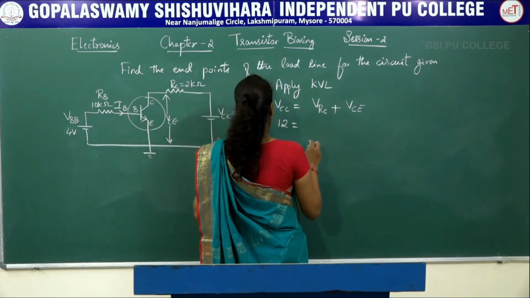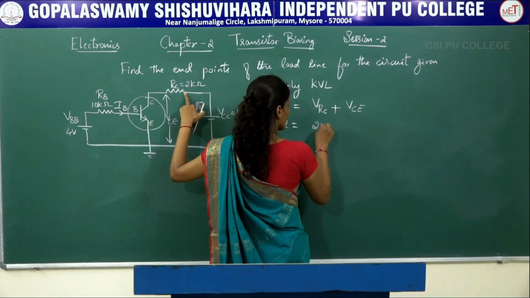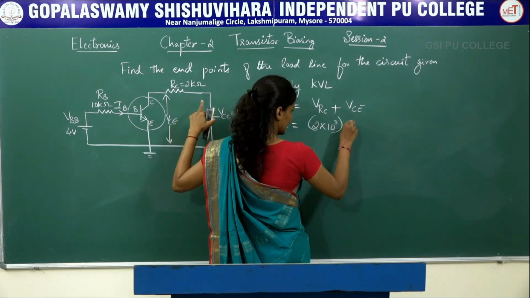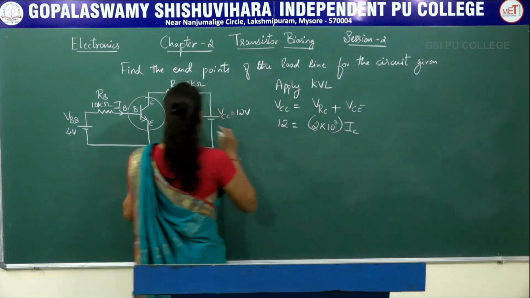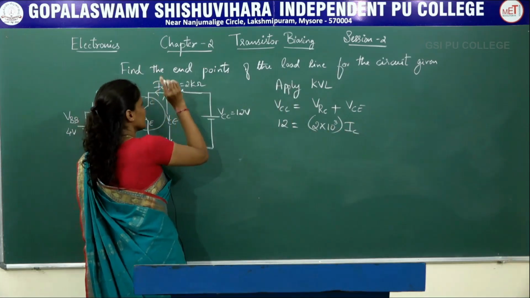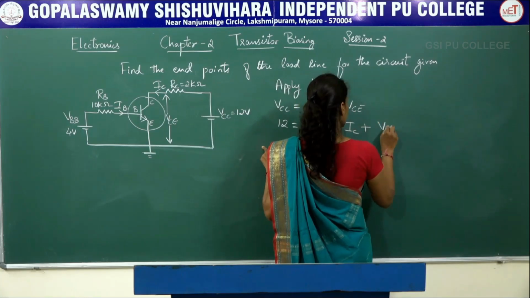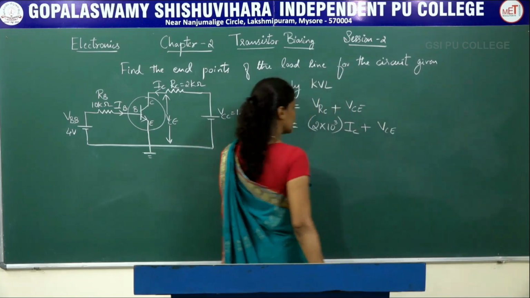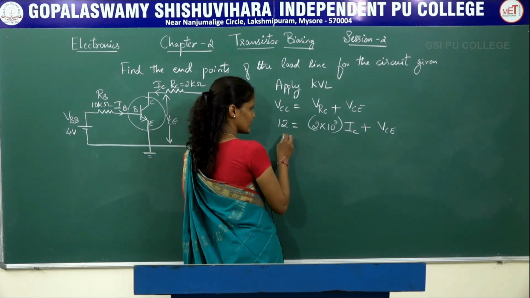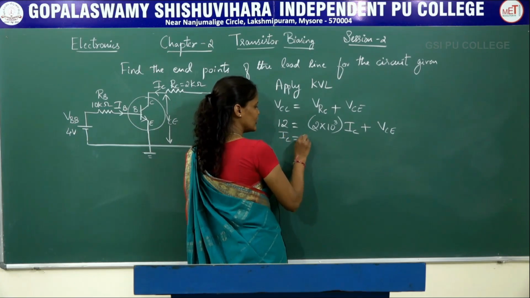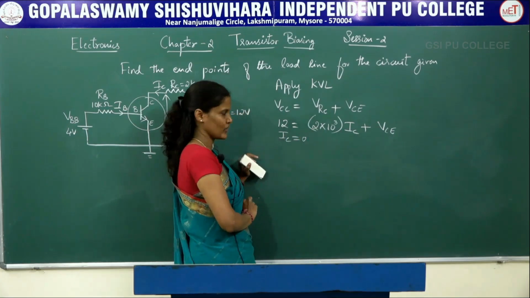So 12 is equal to the resistance 2 into 10 to the power of 3 into the current flowing through that resistor, that is IC, plus VCE. Clear? Now we have to substitute IC value equal to 0 in the above expression.